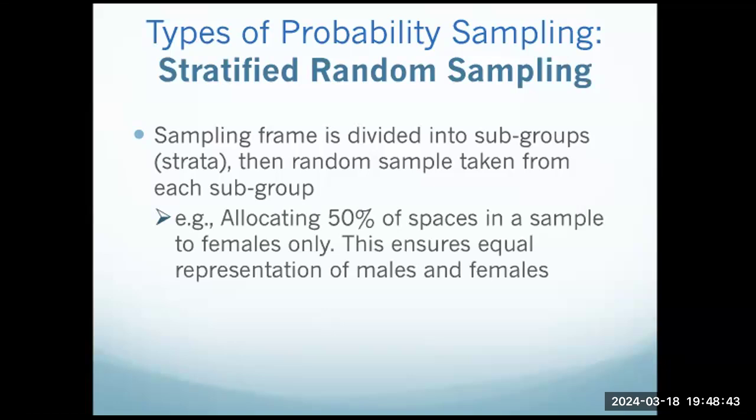That's how you would make sure that it is truly representative of the population of students at Evergreen Valley College. So stratified random sampling is a very useful way to make sure that you have a representative group, because if you just use simple random sampling, there's no telling how many you're going to get of each, right? Because it's purely random. So stratified random sampling is a good way to ensure representation.